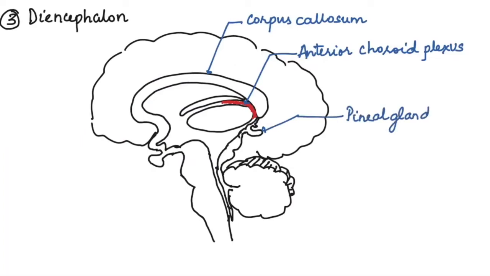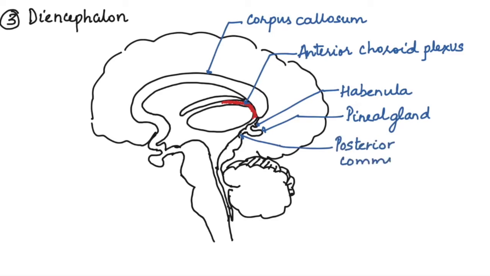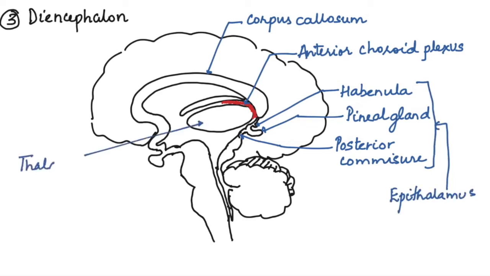The third part of the forebrain is the diencephalon. The diencephalon consists of three parts, that is the epithalamus, hypothalamus, and the thalamus. Here on the dorsal side, we have the habenula, the pineal gland, and the posterior commissure, which form the epithalamus.